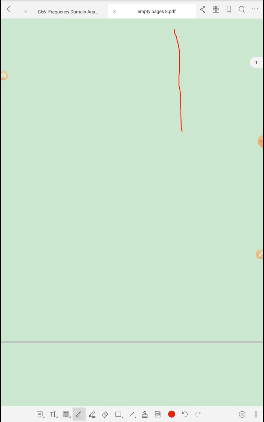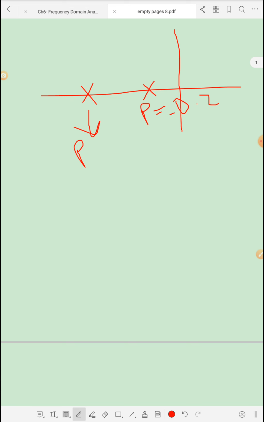So we have two first order systems, one which has a pole at minus 0.2, and another which has a pole at minus 1. This pole is closer to the j omega axis than this pole.